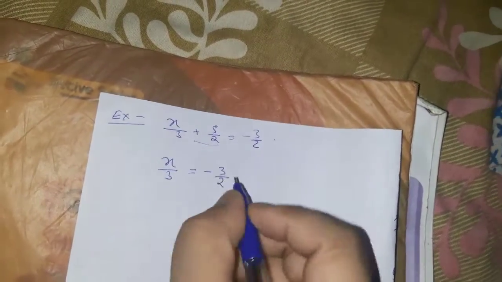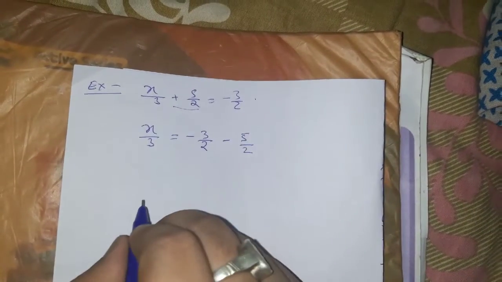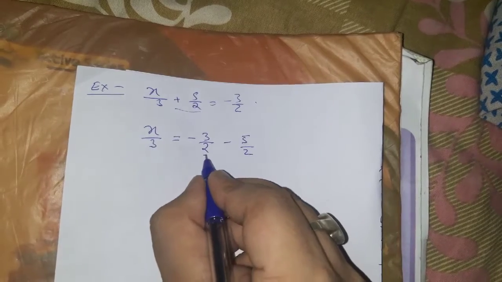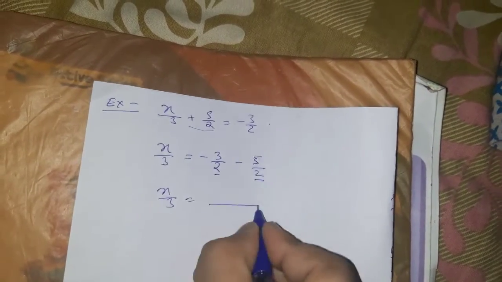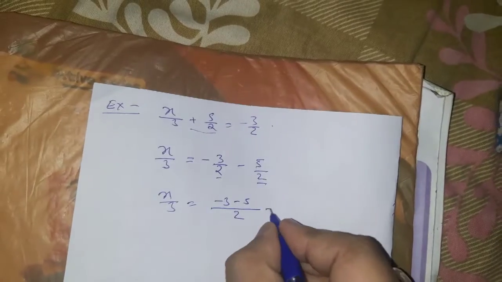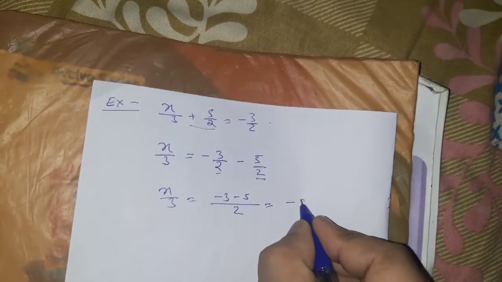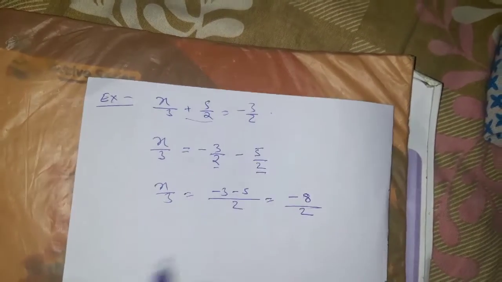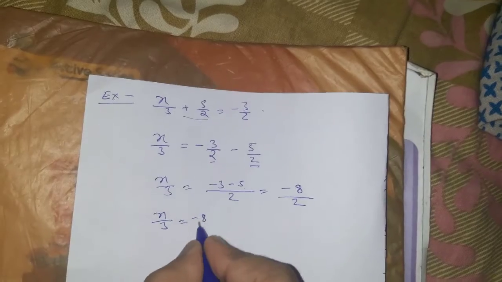So minus 3 by 2 and minus 5 by 2. The LCM is 2. x by 3 equal to minus 3 and minus 5 over 2, which is minus 8 upon 2.